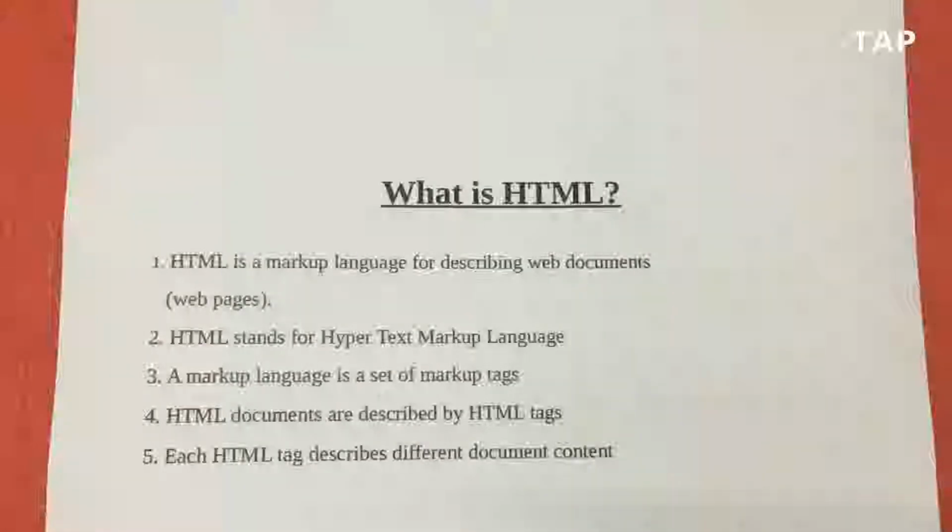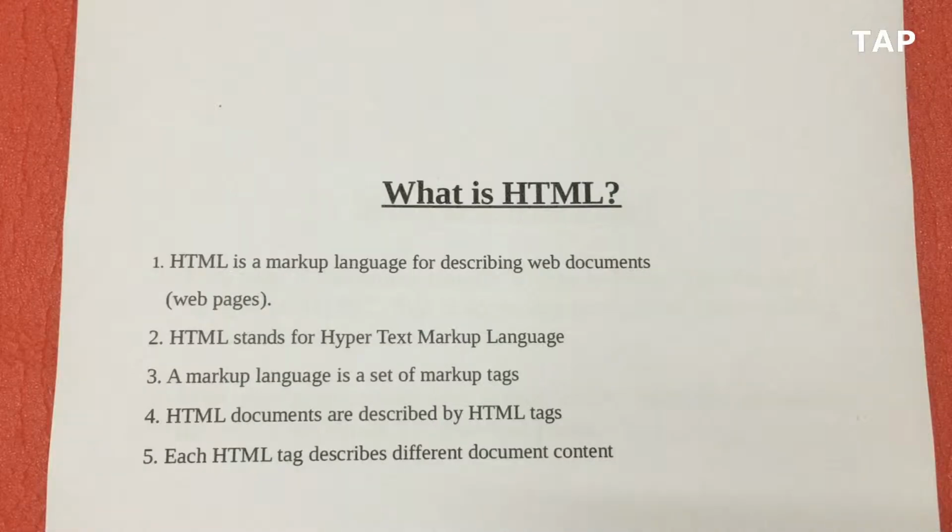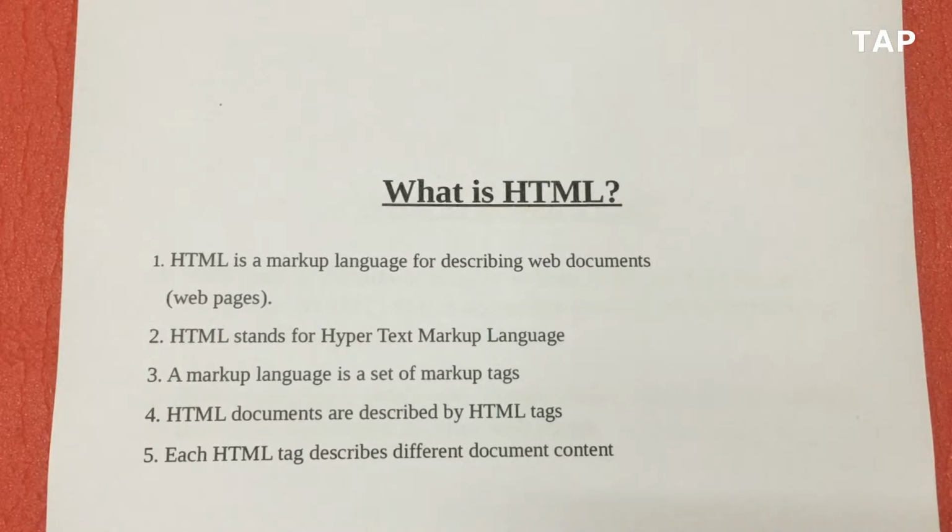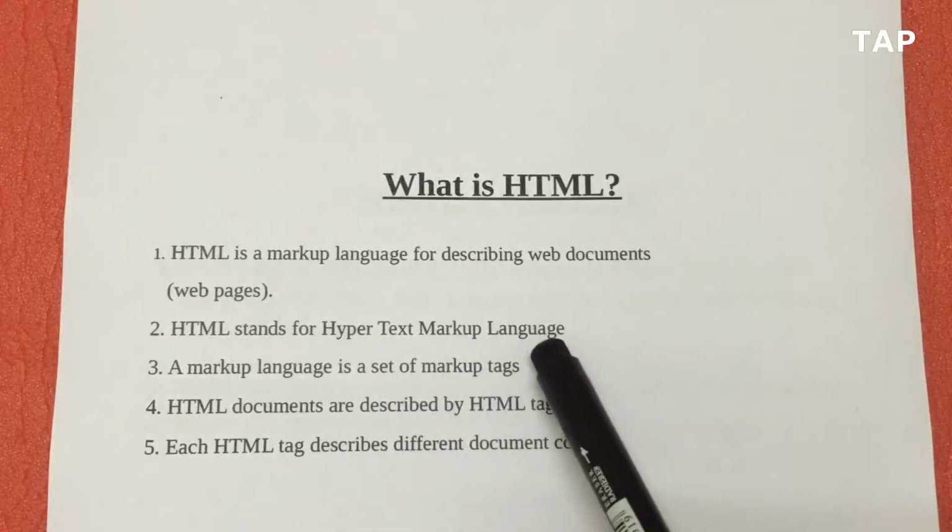So first of all, let me tell you what is HTML. Don't be scared hearing this name, thinking that this is just alphabets and I don't know how to write a program using these alphabets. Friends, actually this is not an alphabet. This is a program and it stands for Hypertext Markup Language.